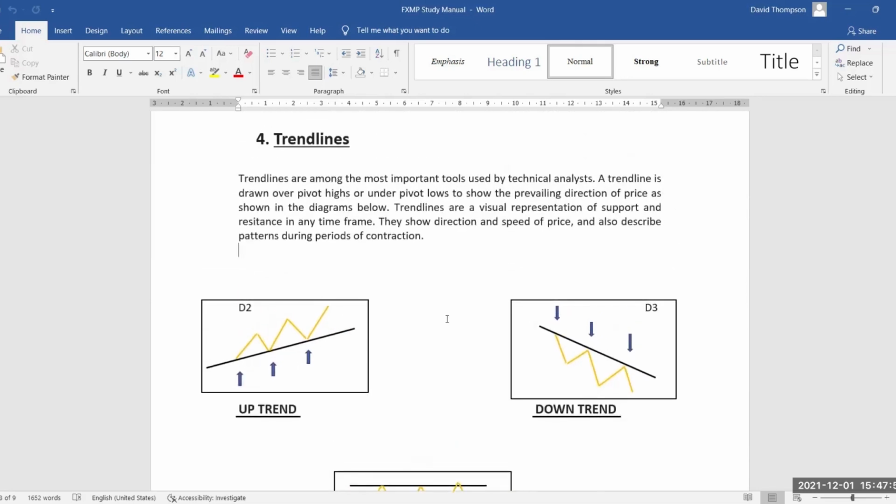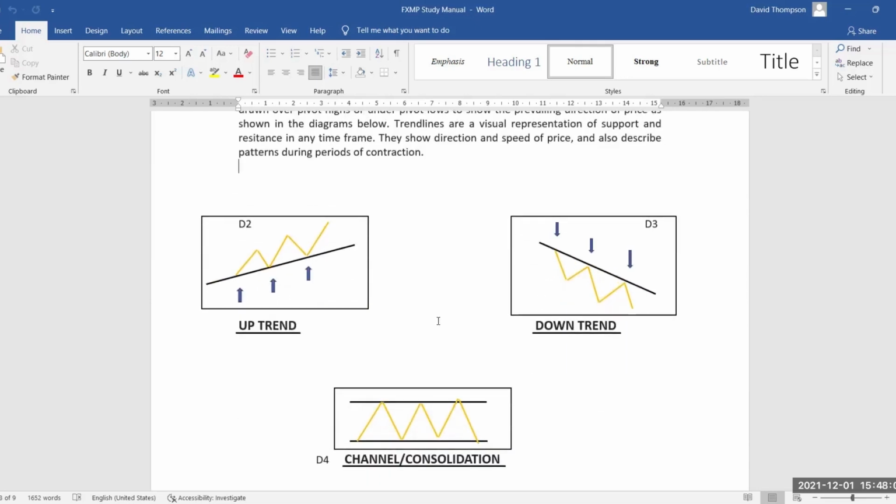You can see the diagram labeled D2 shows an uptrend, with the line moving upwards. The orange line represents the price action, and the black line is the trend line. Interesting to note that we have 3 touches on the trend line.